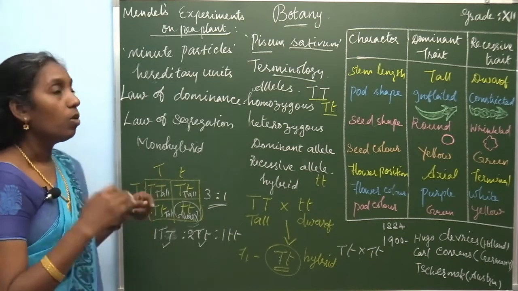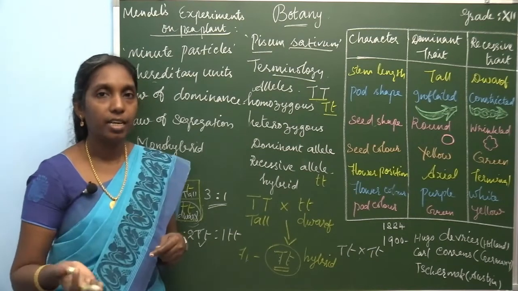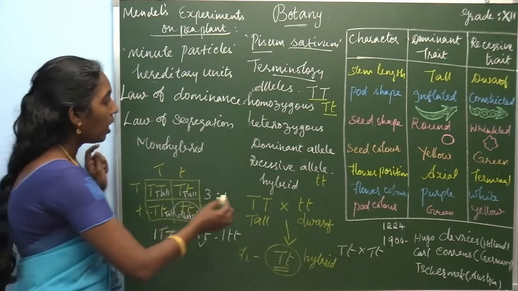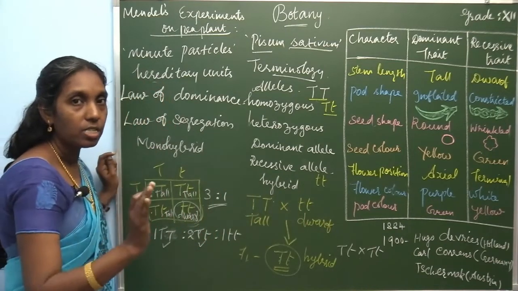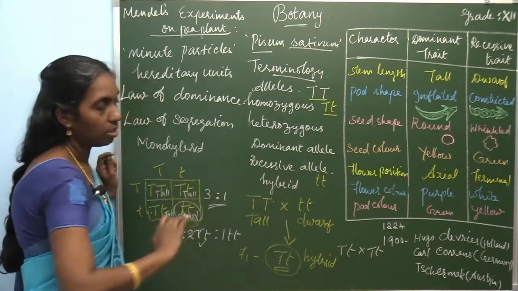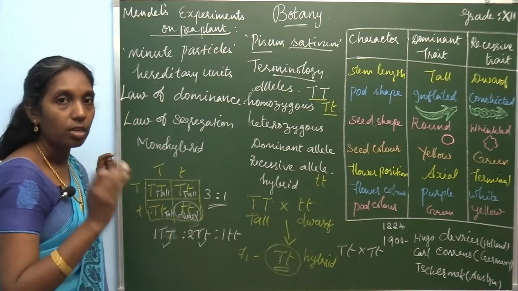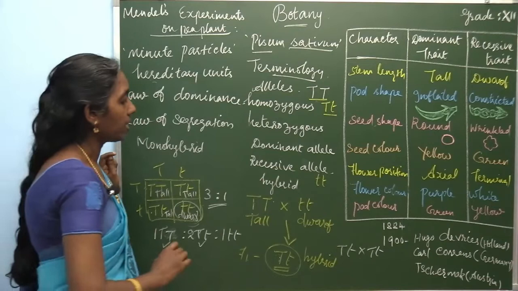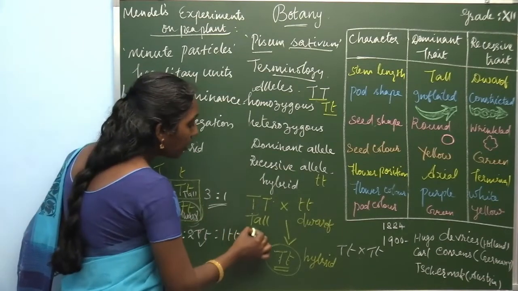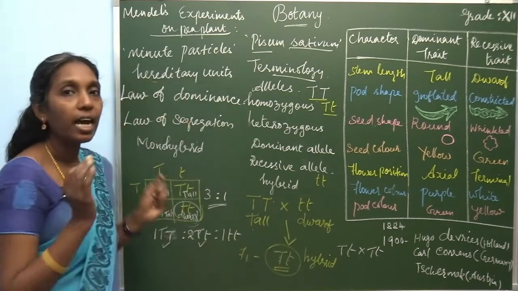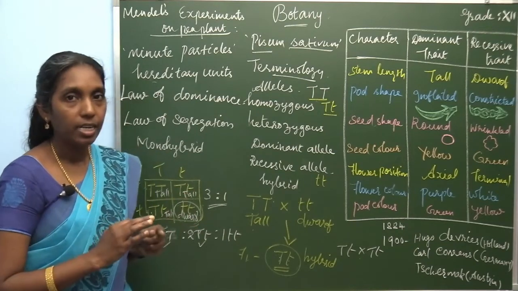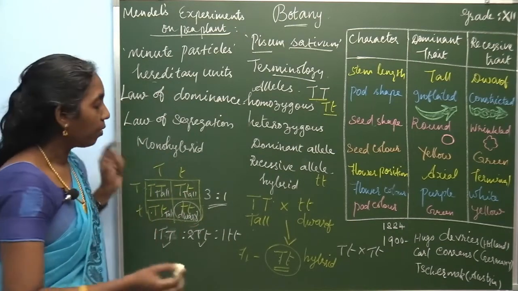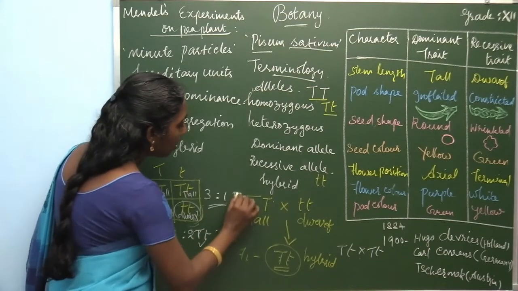Then what is meant by law of segregation? The alleles contain both the characters, dominant and recessive, but at the time of gamete formation, the alleles do not blend each other. Look at this. Here is the parent.